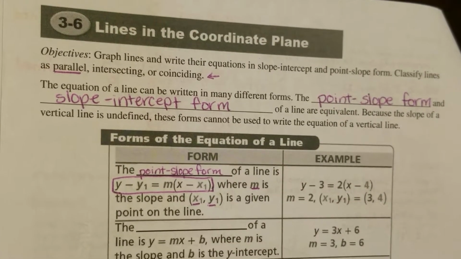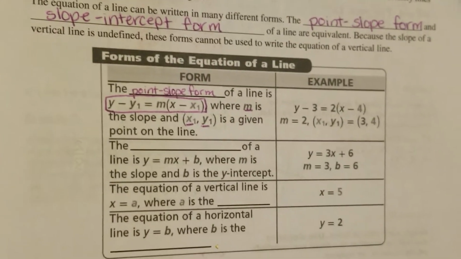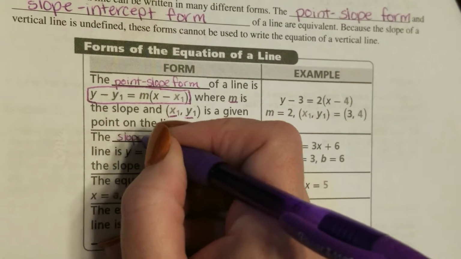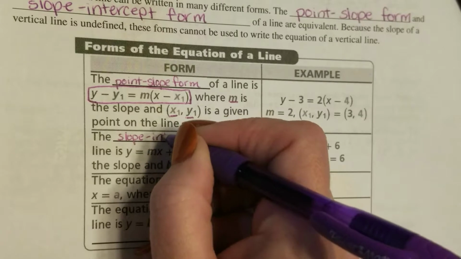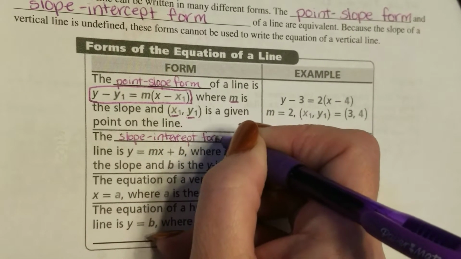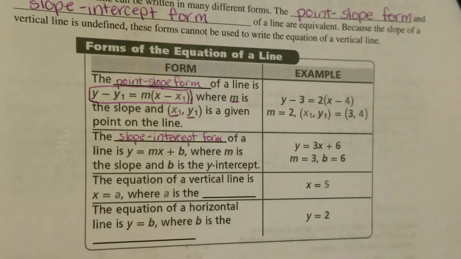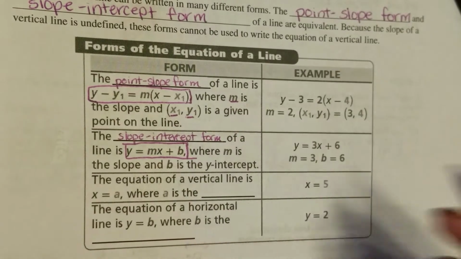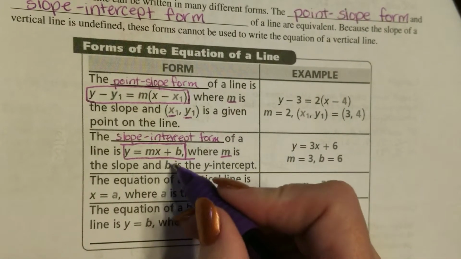Then the next one that we're going to look at is the slope-intercept form. This is the line y equals mx plus b, where m is the slope and b is the y-intercept.